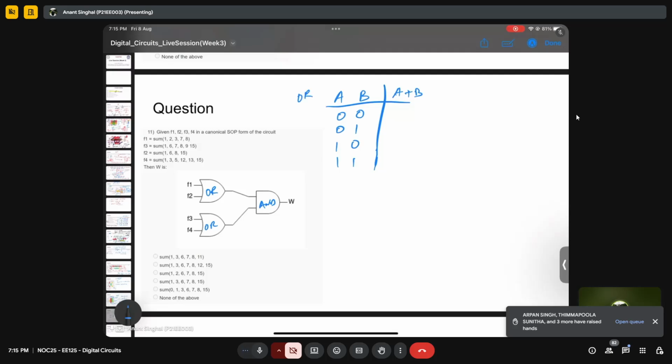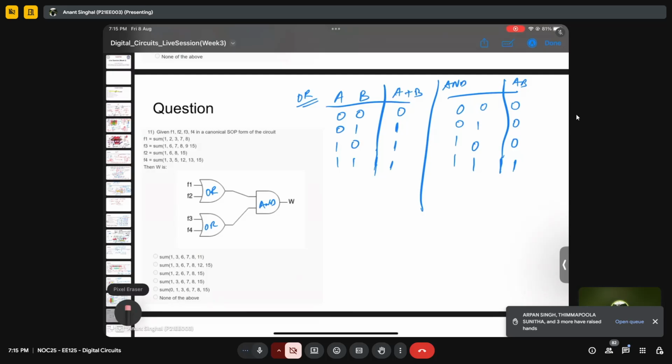So any input is 1, the final output would be 1. Then for AND gate, it is basically a multiplication, which is AB. So if any input is 0, it will be 0 because the multiplication is like that. So this is basically the final input and output of the gates.